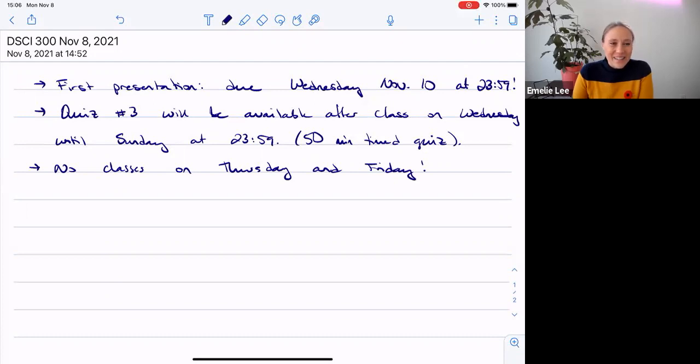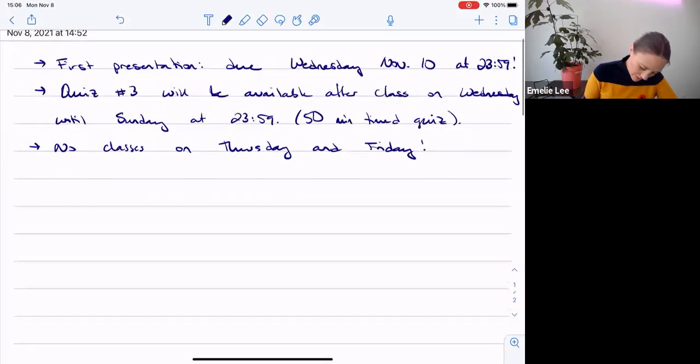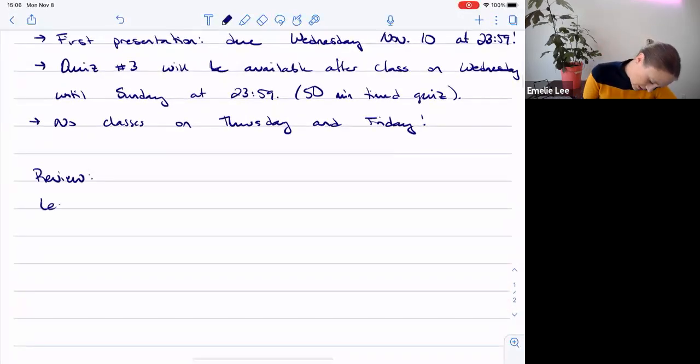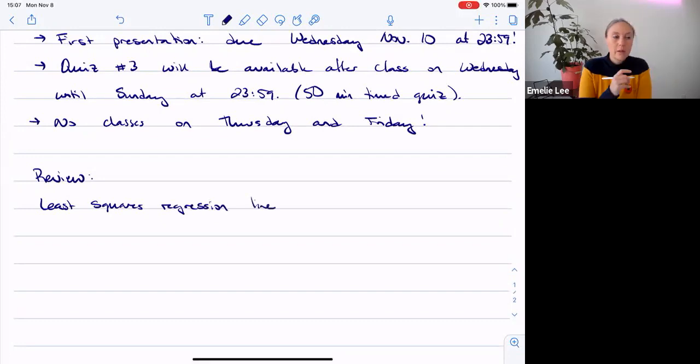All right, so let's see here. For a little bit of review, we talked about regression, and we talked about the least squares regression line. The least squares regression line minimizes the sum of the residuals squared.